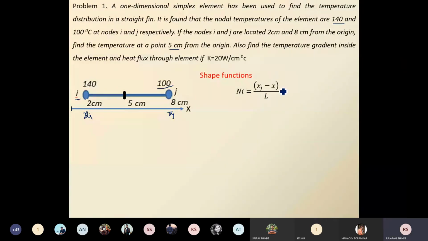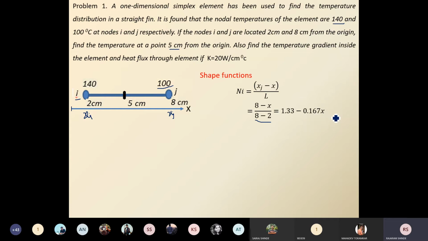Now Ni is equal to (xj minus x) upon L. You put the values of xj and L. You will get (8 minus x) divided by (8 minus 2), which becomes 1.33 minus 0.167x.